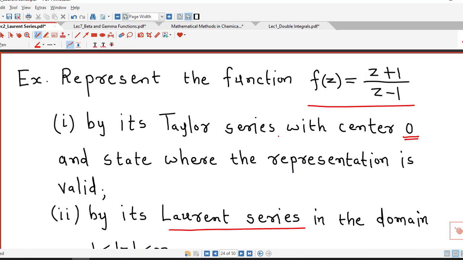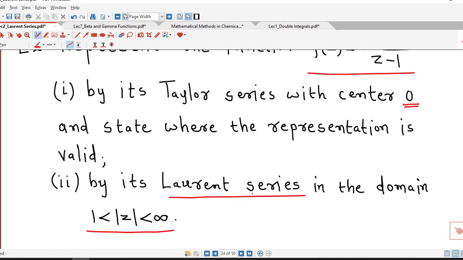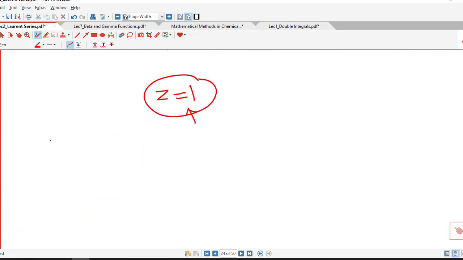Now here we require Taylor series with center 0 and Laurent series in this domain. So center of both the series is z equal to 0, or we require both the series in powers of z. So we have to consider center at z equal to 0.